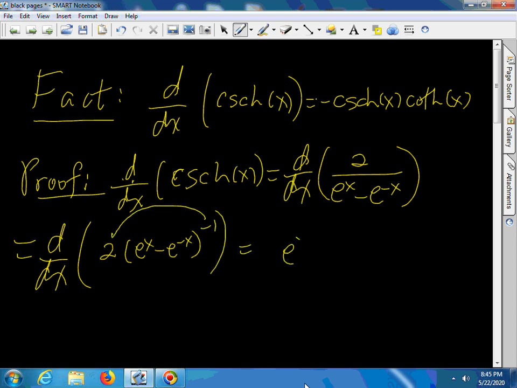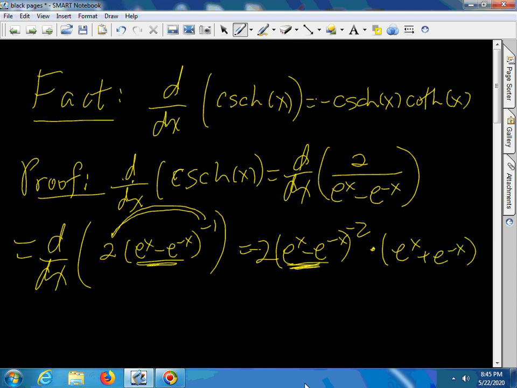Keep the inside the same. Bring down the power. Make the new power 1 less. And then multiply by the derivative of the inside, which is e to the x plus e to the negative x.